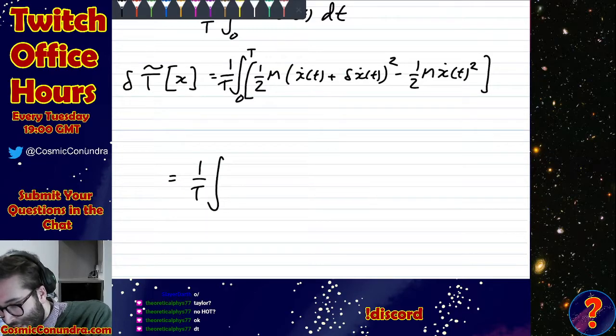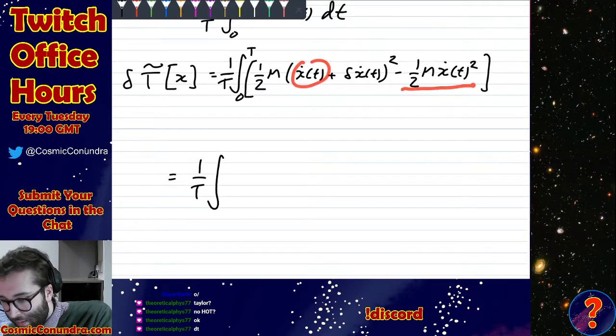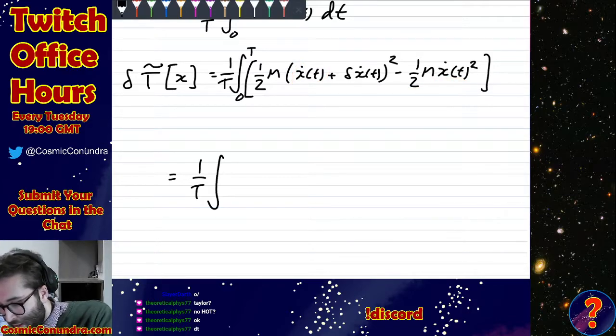And so when we expand this out, we'll get an x dot squared term here, but this will cancel with the x dot squared term here. So when we do it all to first order, we just end up with m times x dot(t) delta x dot(t). That is what we get.